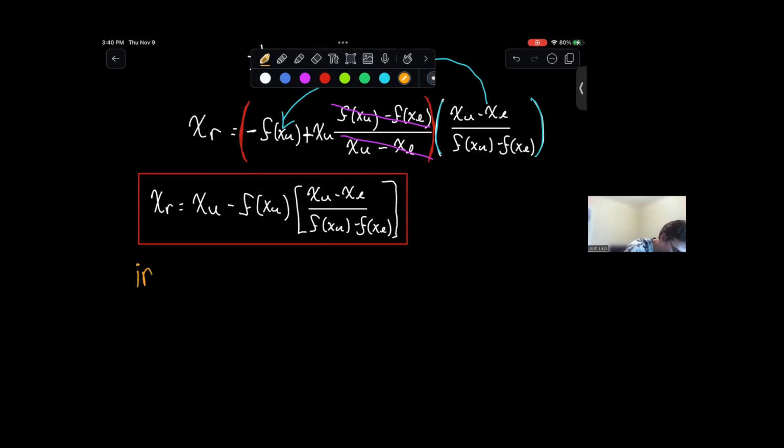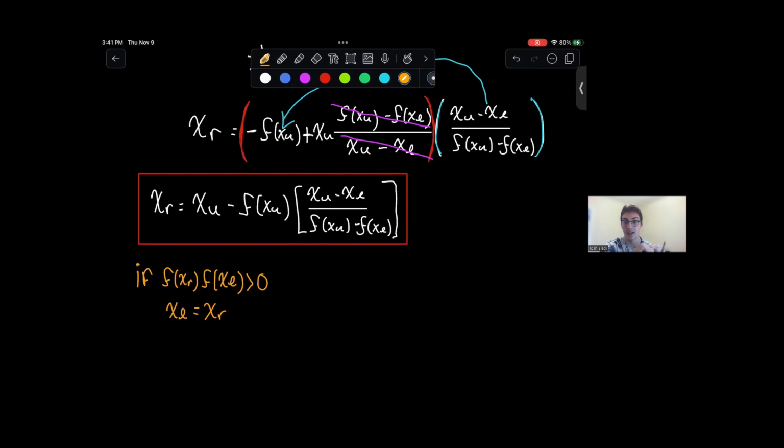If, when we plug in xr into our equation, f of xr multiplied by f of xl, if that value there is greater than 0, then my xl term becomes my xr term, because we know f of xl is a negative value.